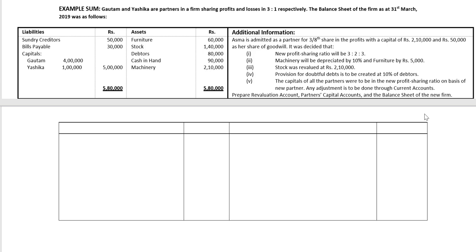So we'll begin with the revaluation account. We'll go on to the partner's capital account. We'll make the adjustment of capital, and finally we'll prepare the balance sheet. Revaluation account.